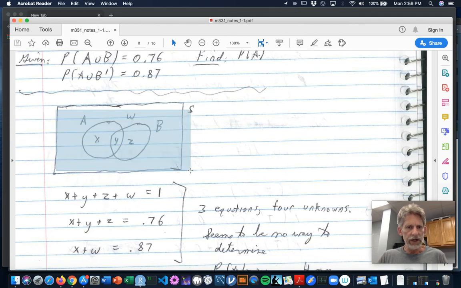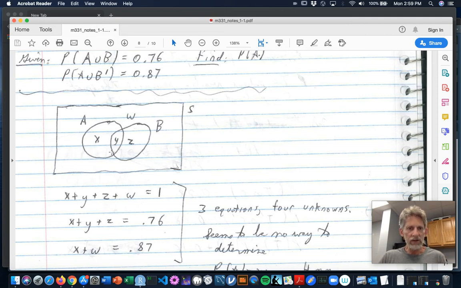We'll draw a little Venn diagram here, and so we've got our A circle, our B circle, and the S sample space. The X is everything that's in A, but not anything else.